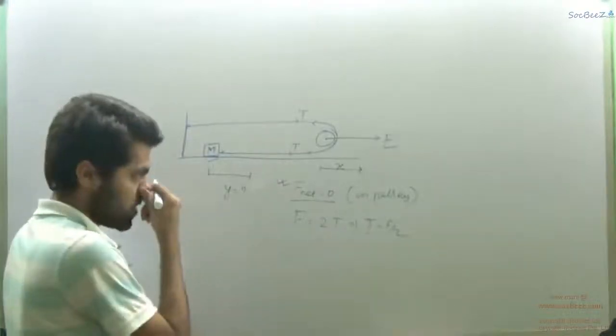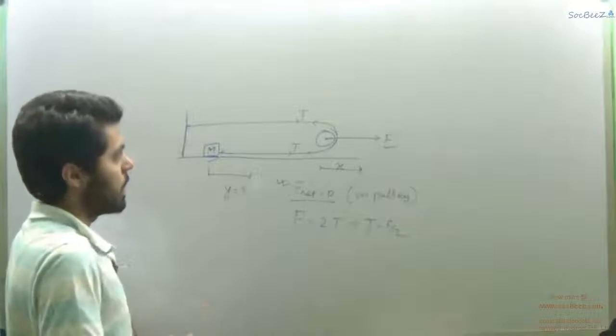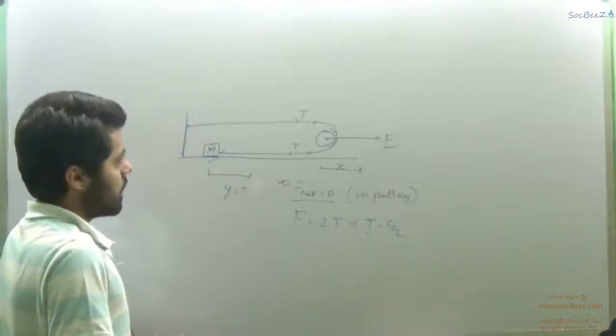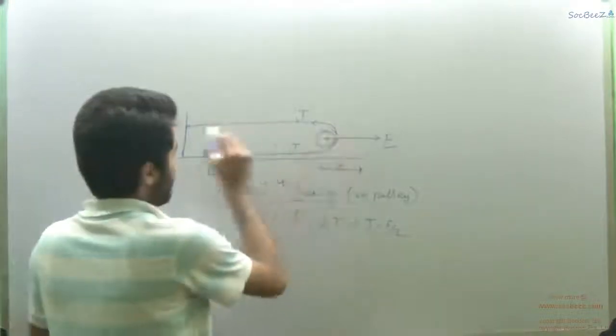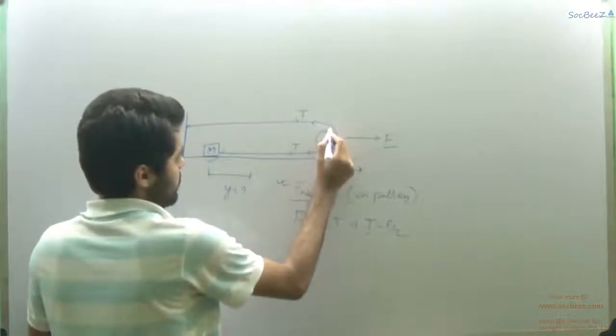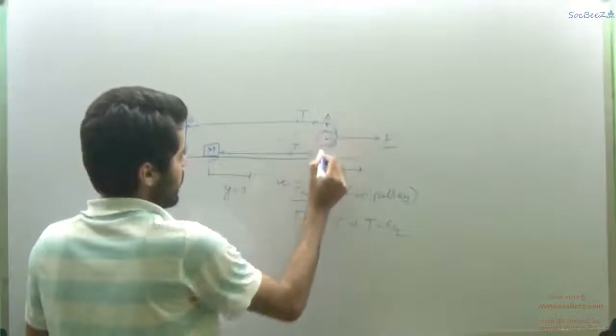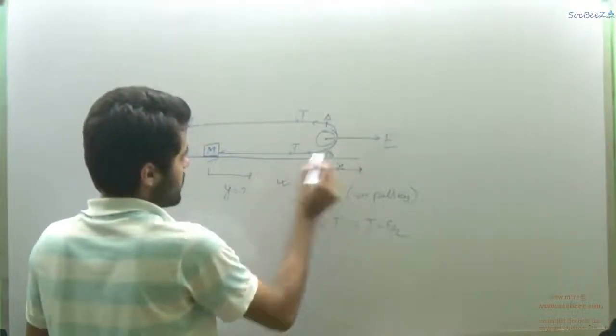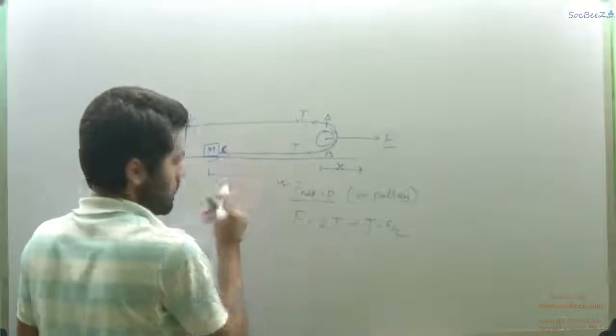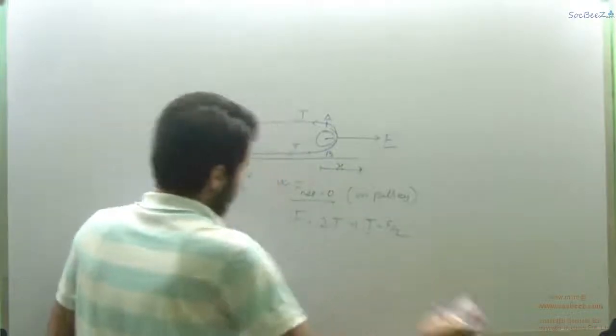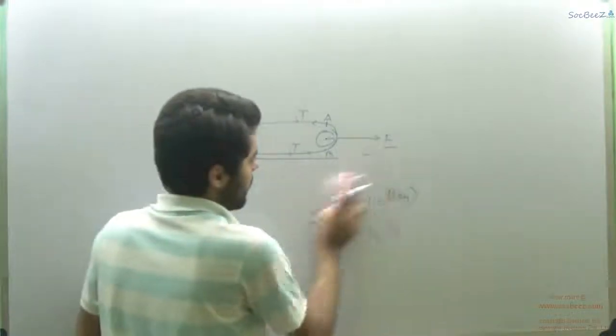The length of the string is not going to change at all. So suppose from here up to this point, this is point O, this is point A, this is point B, and this is point C. Right now I'm rubbing here to make it more clear.